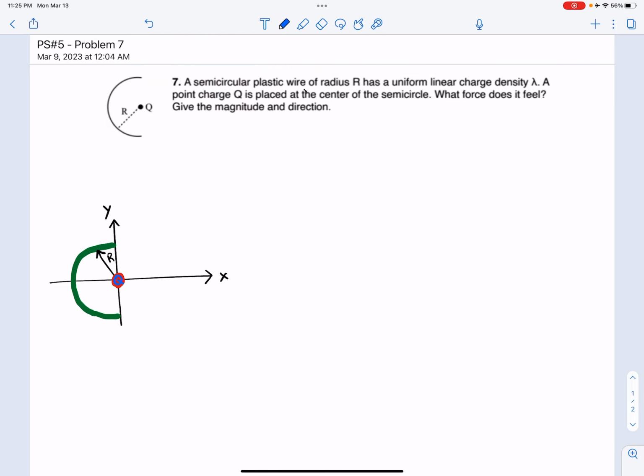Coulomb's law states that the force on Q, the electrostatic force on Q, is equal to the point charge times the electric field at the location of Q. That could be rewritten as Q times the electric field, which is the electrostatic constant K times Q1, the source charge, over R squared. And R is the distance between charges, okay?